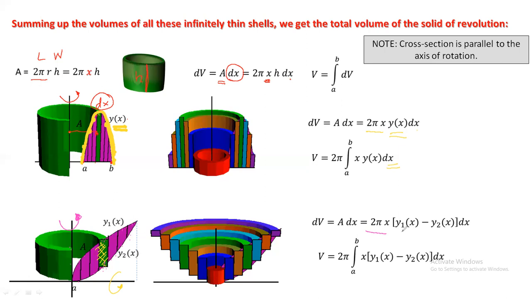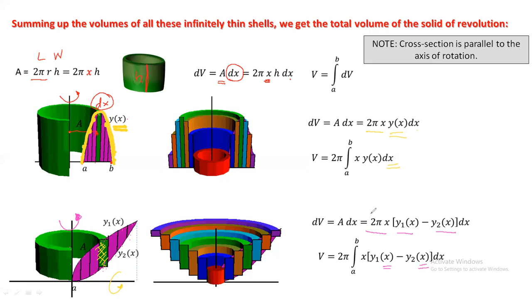That is why you have here y sub 1 of x minus y sub 2 of x. Then you just need to subtract these two, whatever is their representation. What is important is that this should be in terms of x. This one should also be in terms of x.